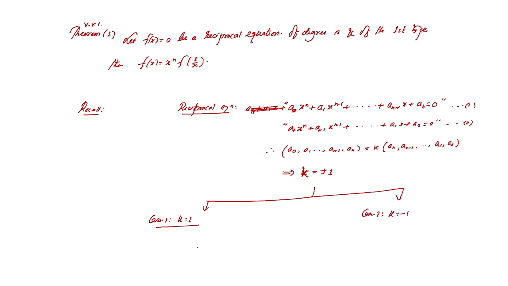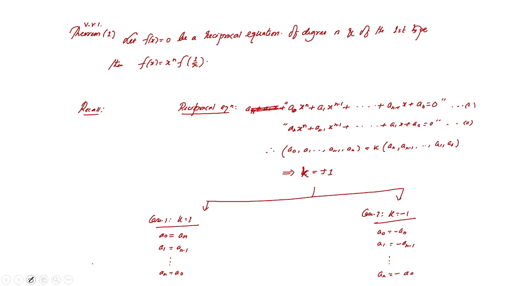If k equals 1, in that case a0 equals a_n, a1 equals a_{n-1}, and a_n equals a0. And if k equals minus 1, then a0 equals minus a_n, a1 equals minus a_{n-1}, a_n equals minus a0.